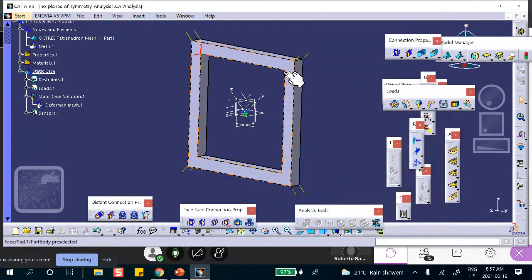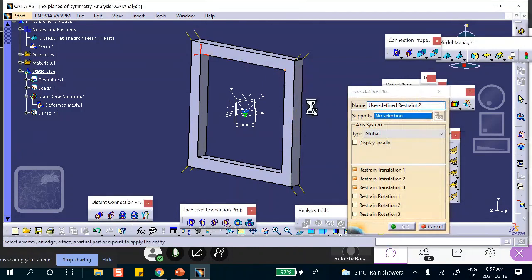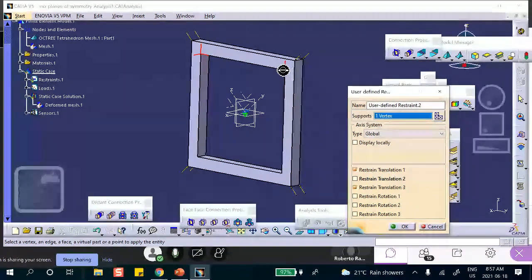Okay? Another corner point, I'm not going to let it move in the upward direction and direction X. I will let it move in the direction Y, because if I fixed it in the direction Y, this is fixed, well, obviously this length is not going to change.